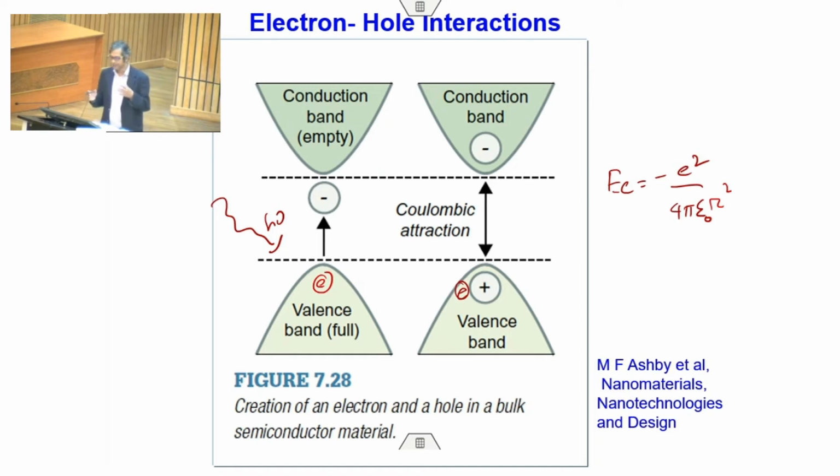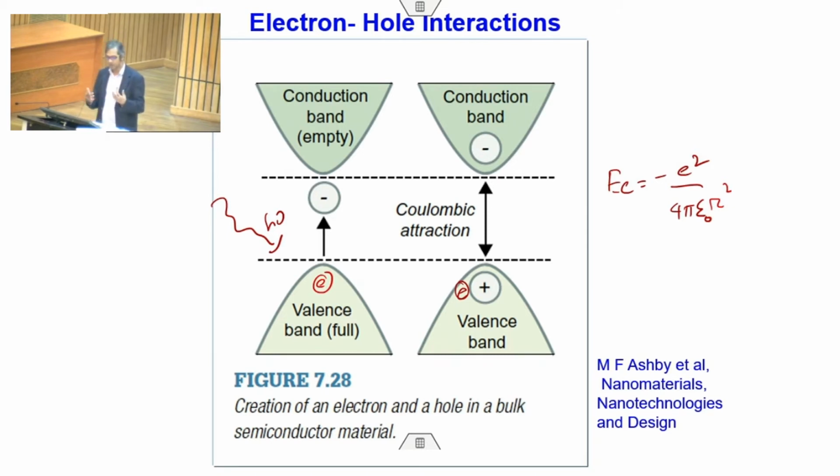The Bohr exciton radius or exciton diameter is nanoscale. The value varies from 1.3 to about 28 nanometers. For silicon it is about 3.7 nanometers, and for gallium arsenide about 20 nanometers. Because it has nanometric dimensions, it will be affected by the confinement effects of size, as we have seen in earlier cases.